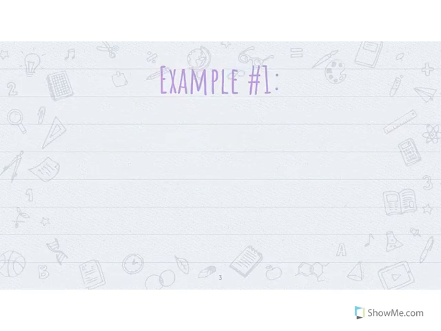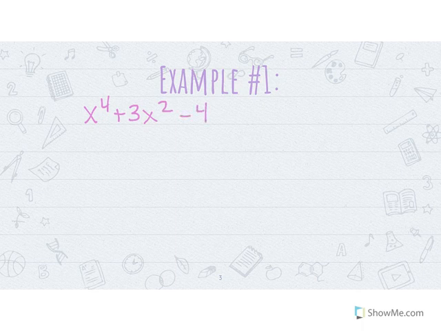For our first example, we are going to be using our u substitution with x to the fourth power plus 3x squared minus 4. What we're trying to do here is look at this exponent and figure out what half of it is. The middle exponent has to be half of that first one in order to actually use this. Let's make a note of that.